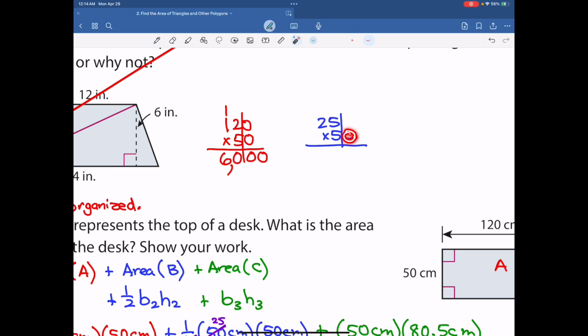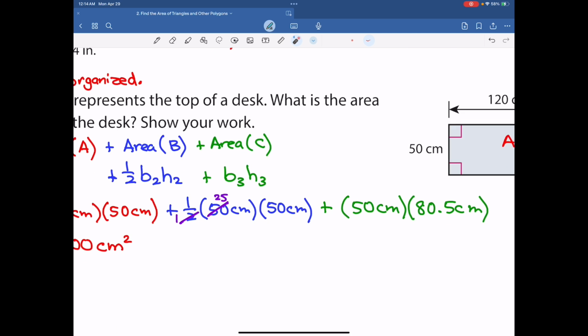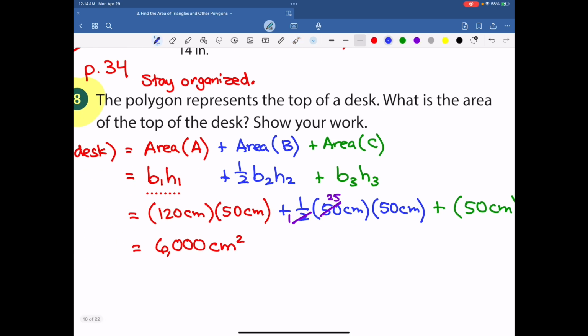I'll save it for the end. 5 times 5 is 25. 2 times 5 is 10, plus 2 more is 12. Now bring down that hanging zero. And I have 1,250. So in blue, write down plus 1,250 centimeters times centimeters, again, gives me centimeters squared.